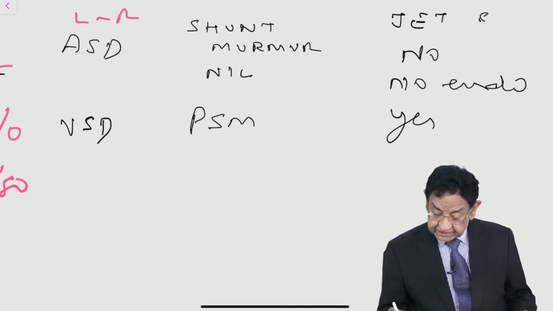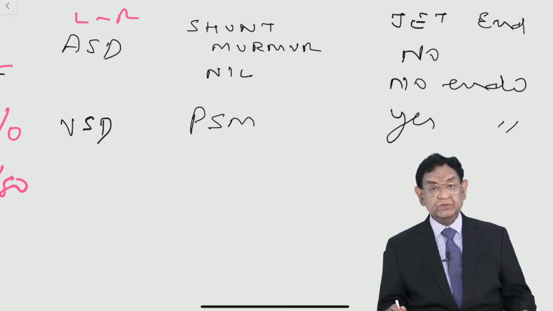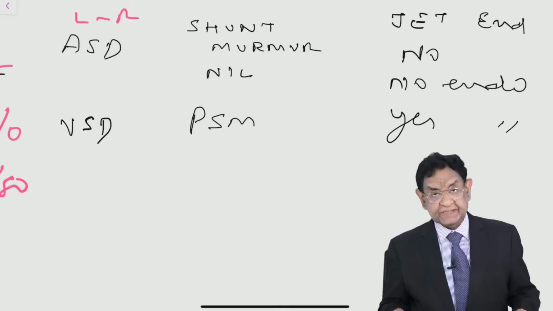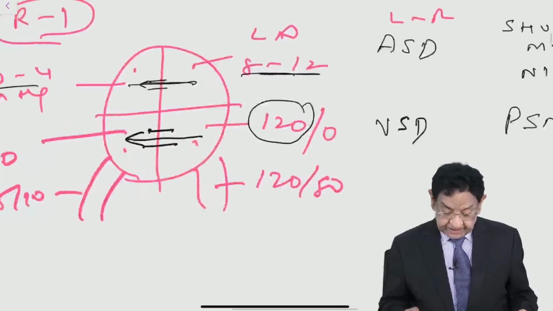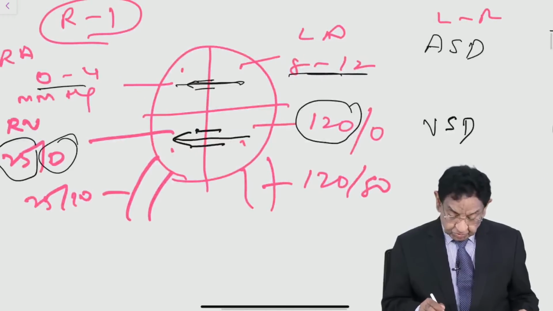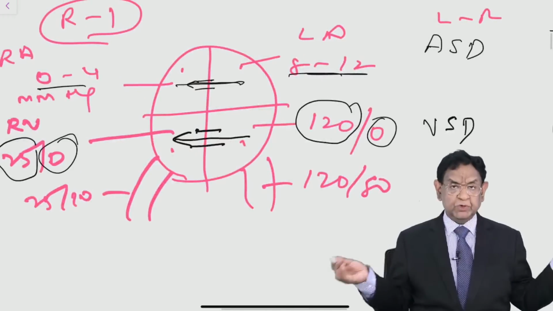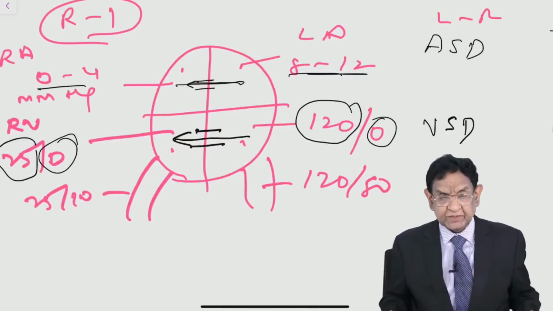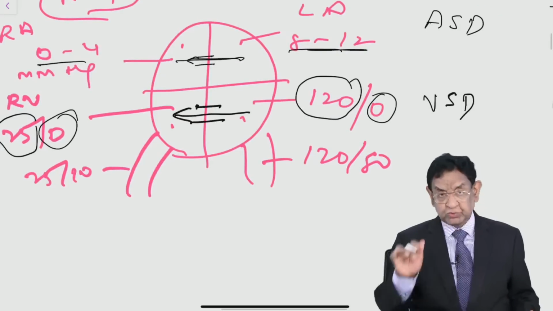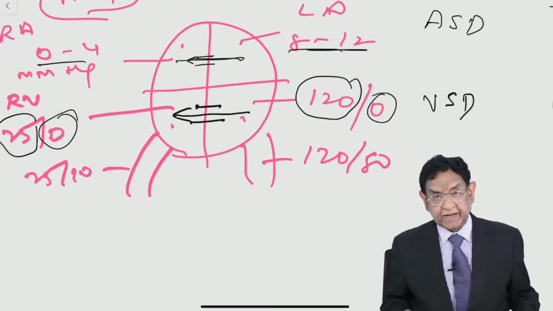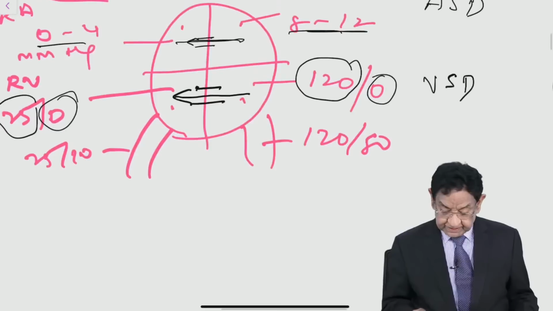Endocarditis, yes. So that's why you get endocarditis in VSD. Diastolic pressure is 0 and 0, both 0 to 10, but again for ease I'm writing 0. So there is no difference, and you do not get any diastolic murmur in VSD.